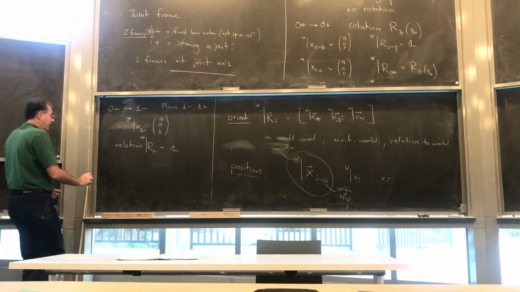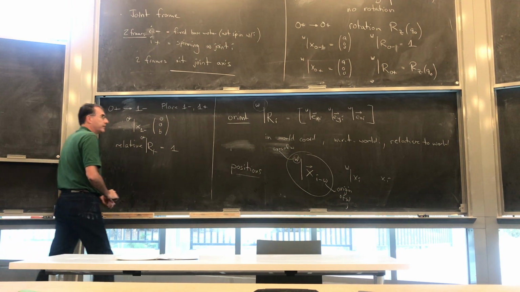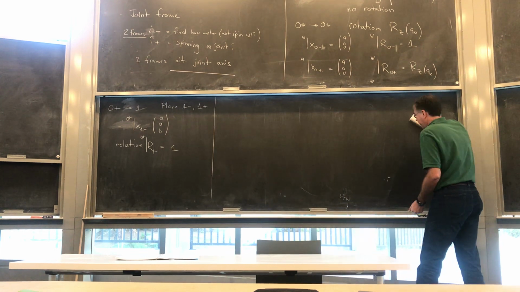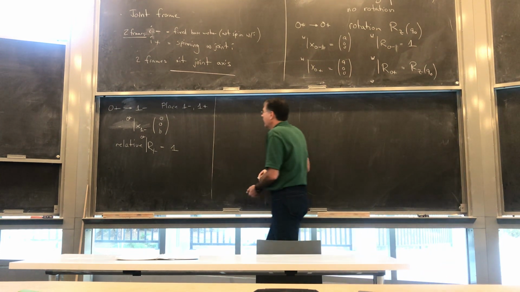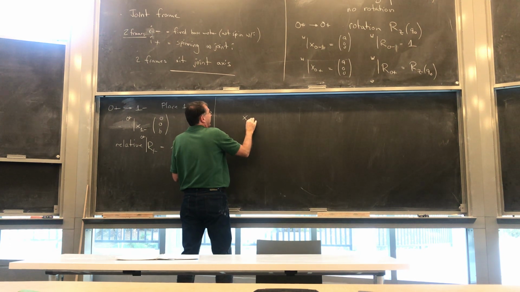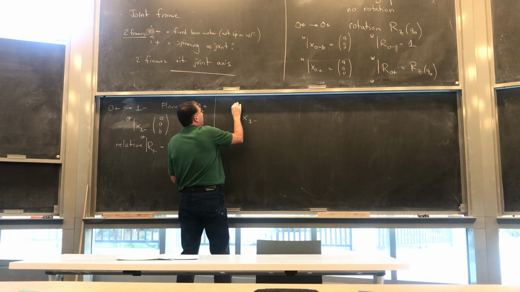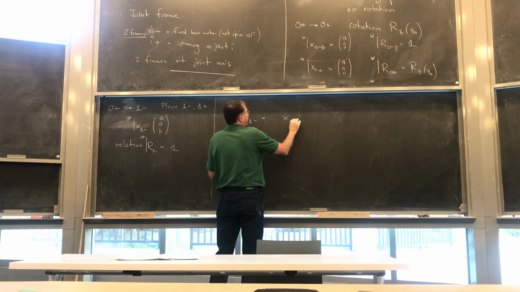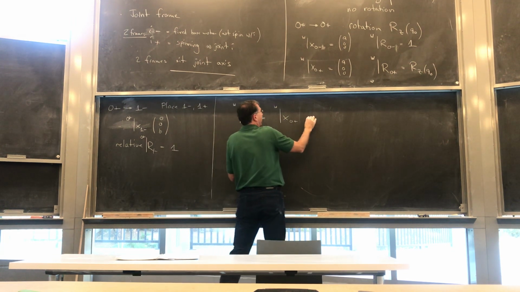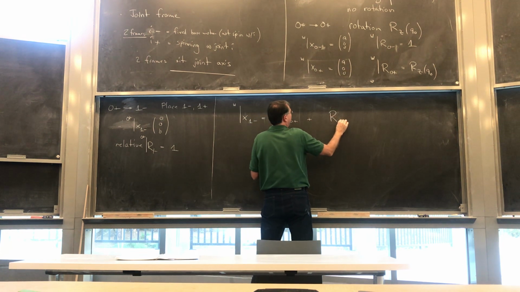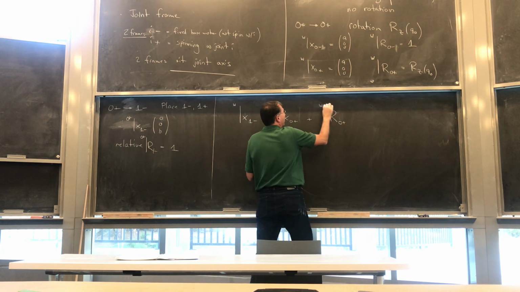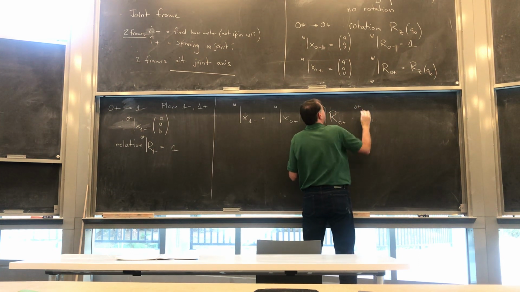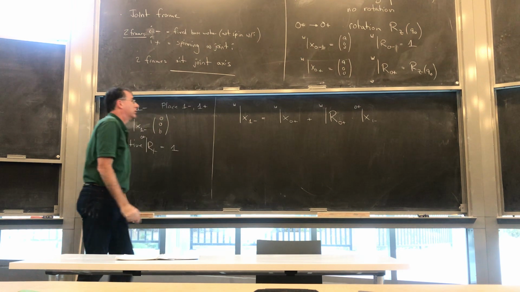So guess what? That means I can now write, here, I'm going to erase this and write it out big. I can now write x1 minus relative to world is going to be x0 plus relative to world plus r 0 plus relative to world times x1 minus relative to 0 plus.